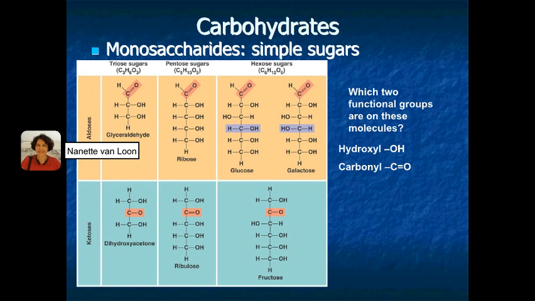If we look at the general chemical formula, for example, of the hexose sugars, that is C6H12O6. You can see how that is a multiple of the CH2O that I was mentioning to you earlier.